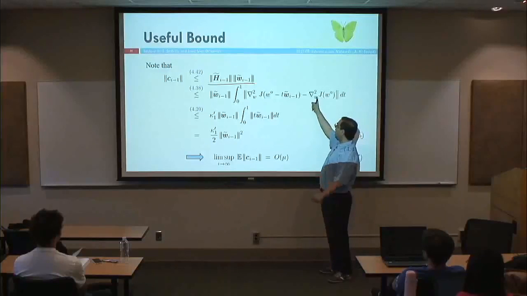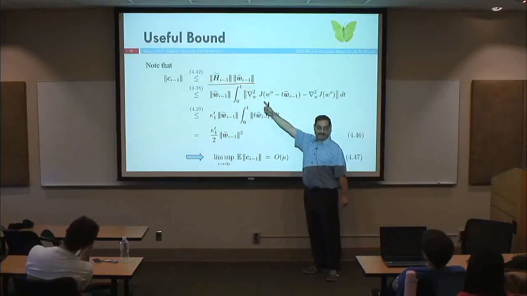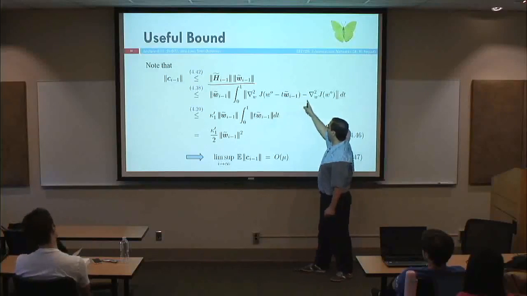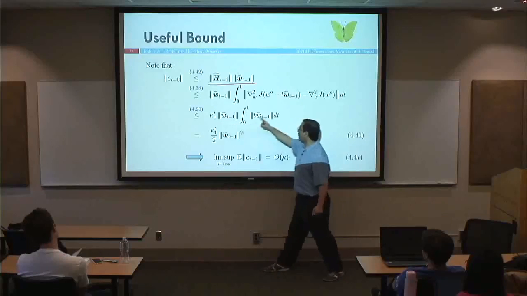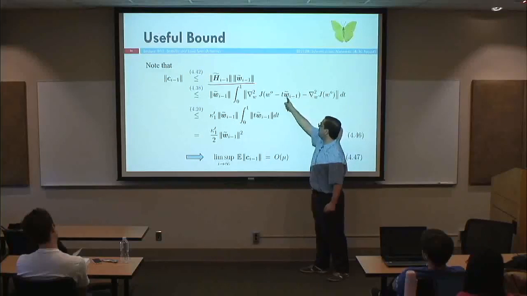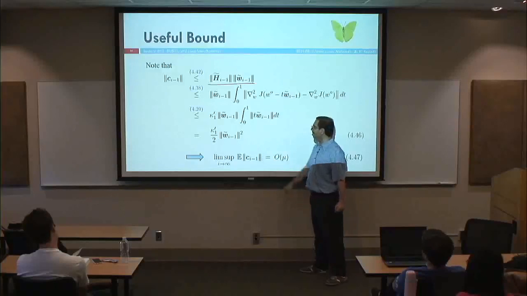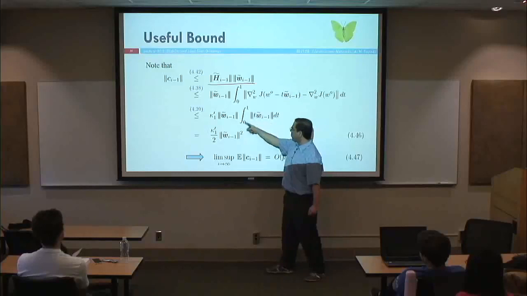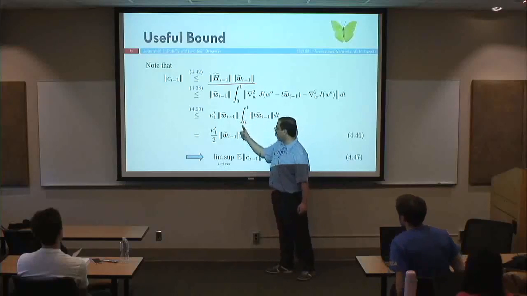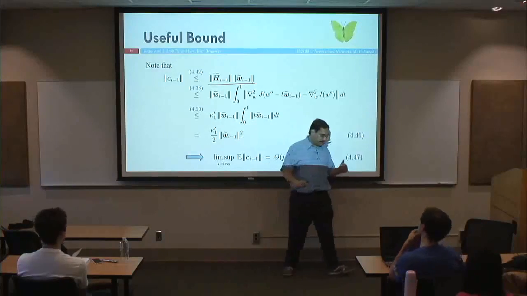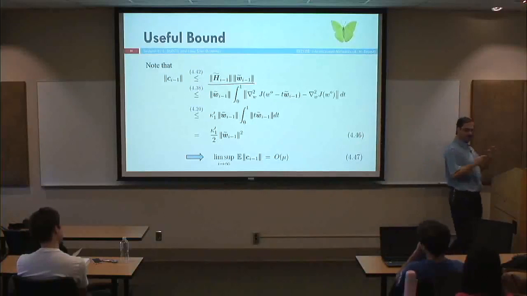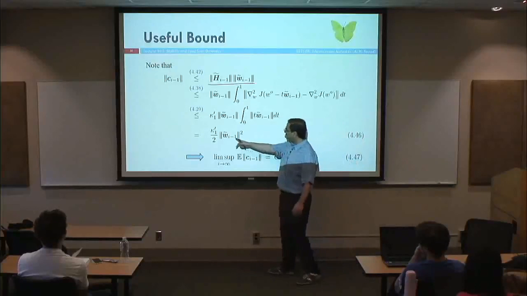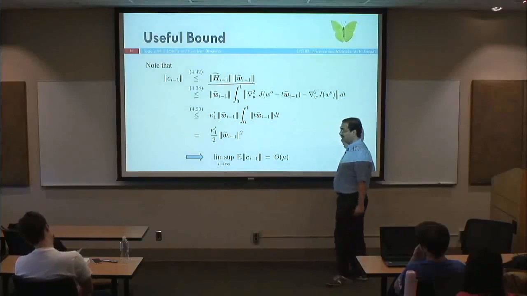Well, this is where I use the smoothness of the Hessian. I assume that the Hessian is smooth. So this norm is bounded by what? By some constant times the difference. The difference is T omega tilde, right? Well, if you integrate this over time, you will get 1/2, and then this W tilde will get squared here, right? So you see that the norm of this vector C, this perturbation away from the original model, is of the size of the squared norm of the error vector.